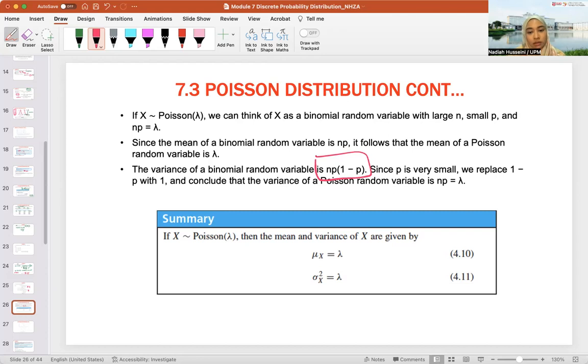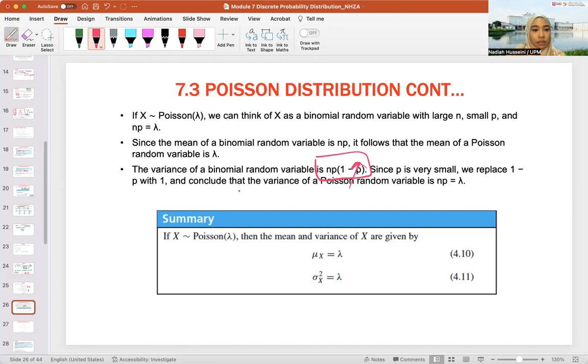So what happens to this equation if our N is really big and our P is really small? Since P is really small, we assume that P is close to 0. So let's just make P 0. Now we're left with NP.